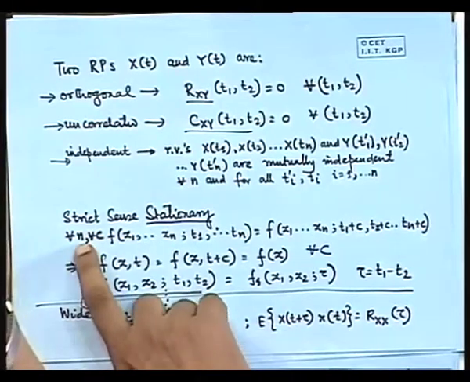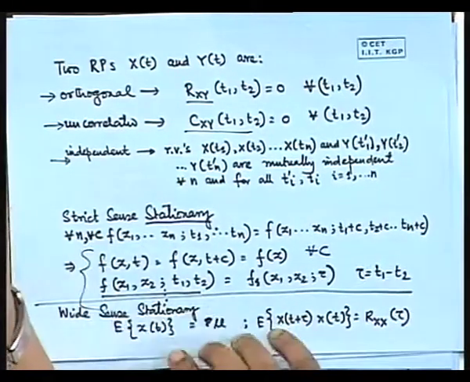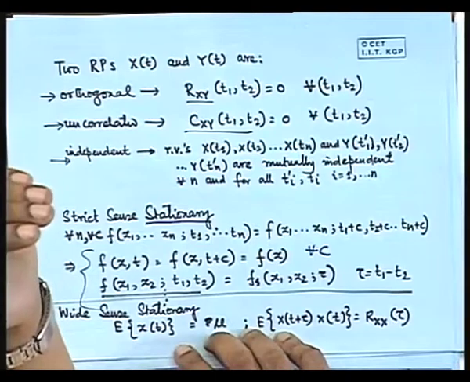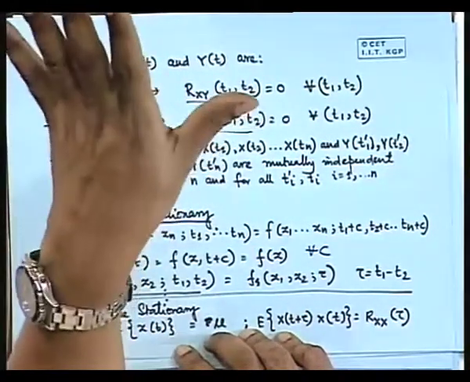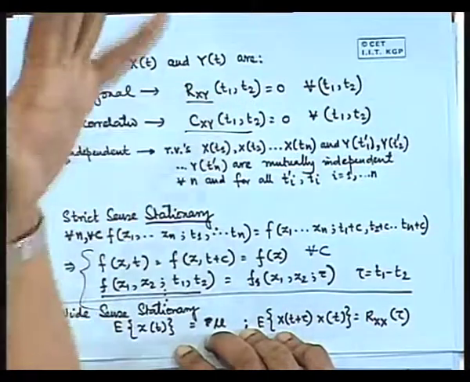So if one is t1 plus 10, another is t2 plus 10, it will still be the same, and this will hold only up to the second degree. Earlier I was saying that it will hold for all n. Now I don't want it to hold for all n. I just want it to hold up to n equal to 2. If it holds that way, then I say that it is a wide sense stationary process.